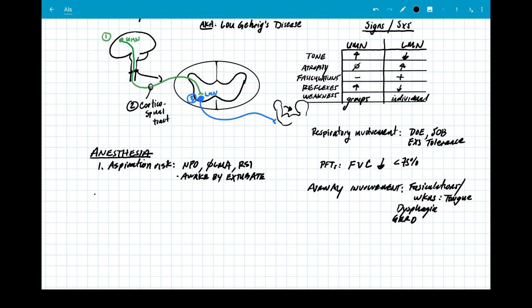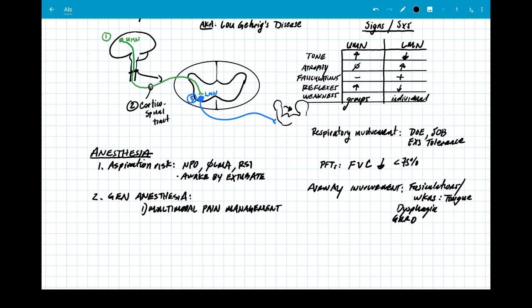So let's say that you do induce anesthesia with these known aspiration risk factors. What are some things you need to consider with general anesthesia? Well, first, I would consider, number one, a multimodal pain management approach.